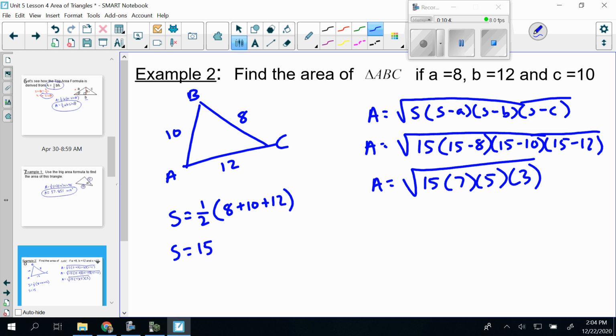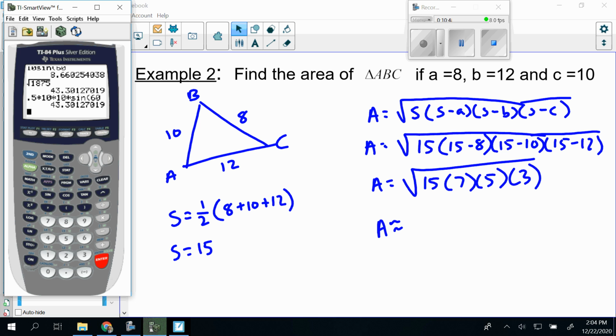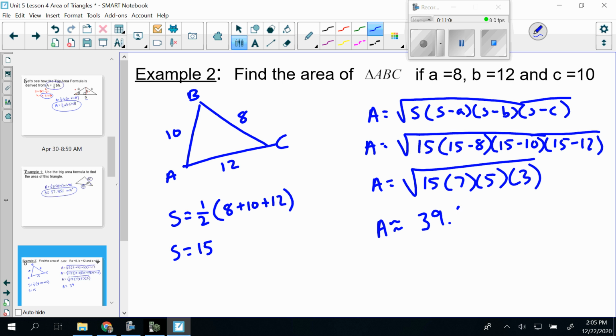Now just put that in your calculator and you can figure out the area here. So on calculator, do square root of 15 times 7 times 5 times 3. Our answer, or our area, comes out to be about 39.686 units.